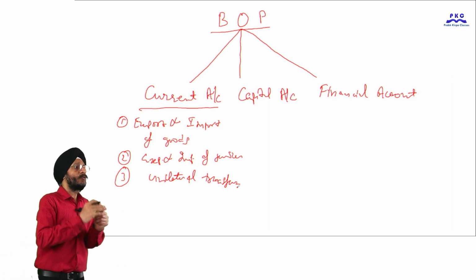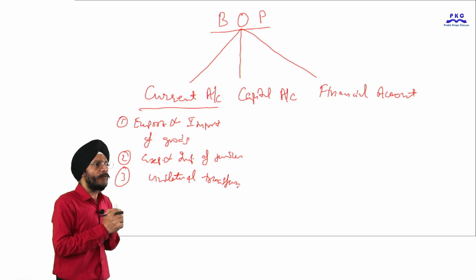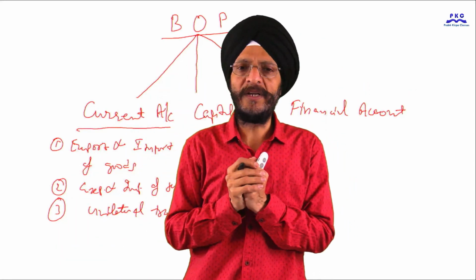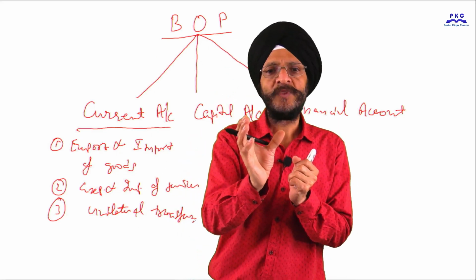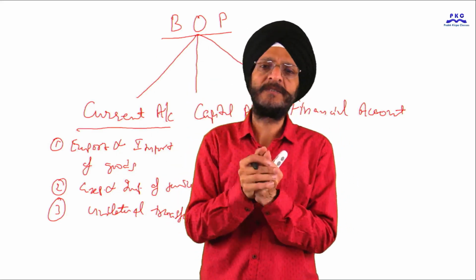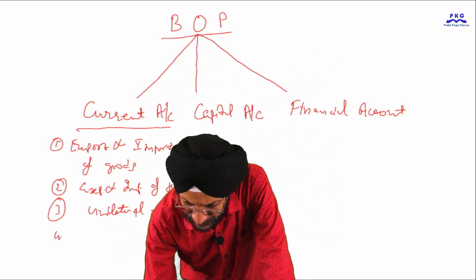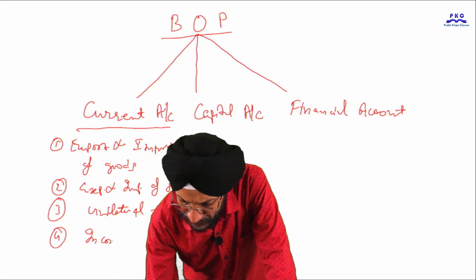Then how are unilateral transfers recorded in balance of payment? When we give food, medicines on humanitarian ground, an estimation of the value of food or medicines is made and recorded in current account of balance of payment. And then income from investment.